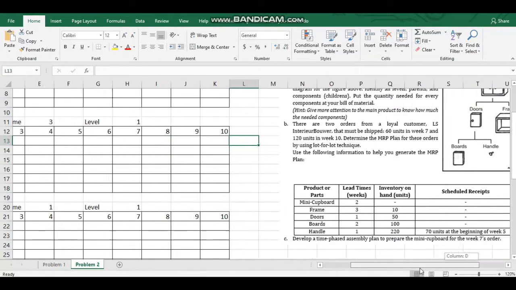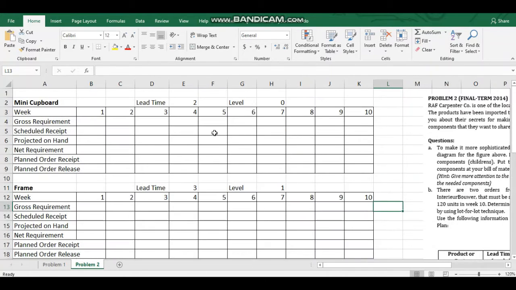So to be more clear, let's do it here. Okay, first we have to do the mini cupboard as the main product, or level 0. So we have to do it in order, starting from level 0 and then level 1, level 2, and so on if there is any.